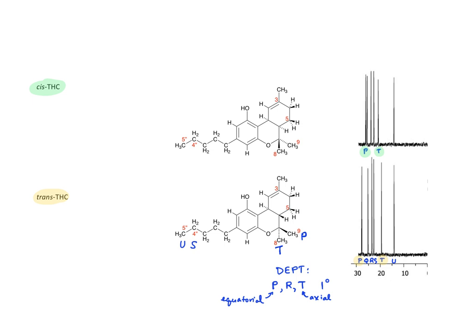The remaining methyl group is consistent with the allylic methyl, which is attached to carbon 3. And then we simply have left carbon Q, which may fit for the carbon labeled 5. And a DEPT spectrum could tell us that Q is a methylene or a CH2.